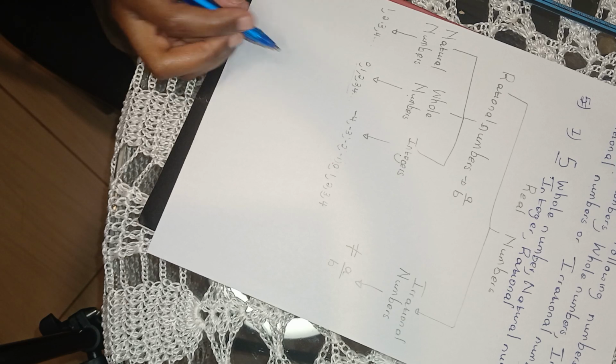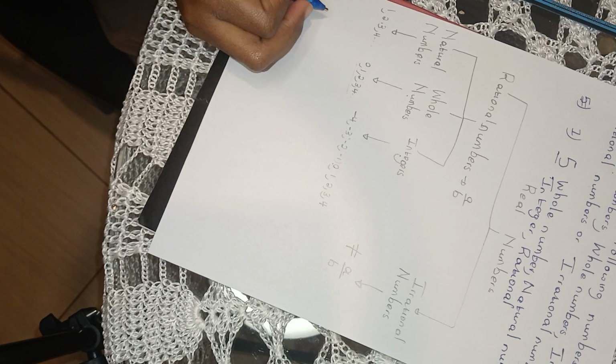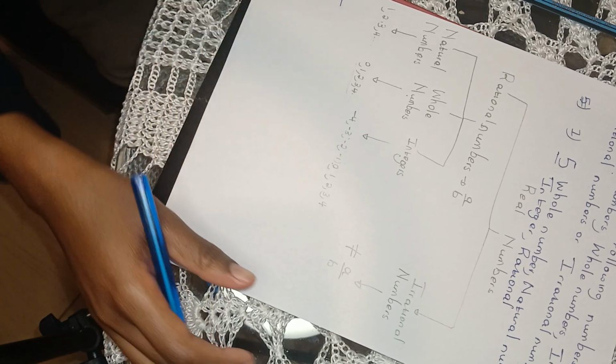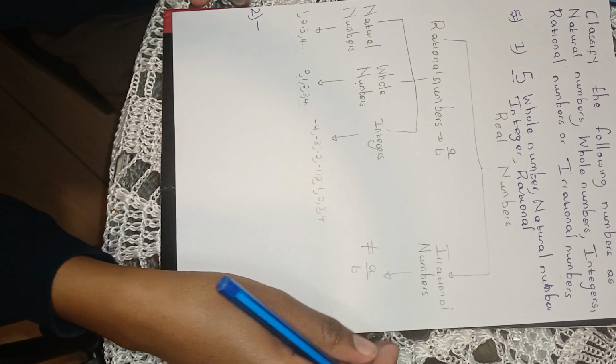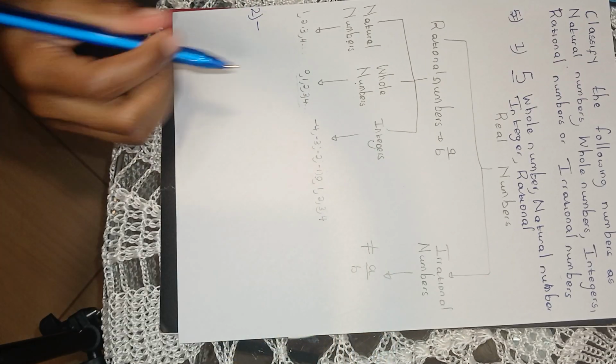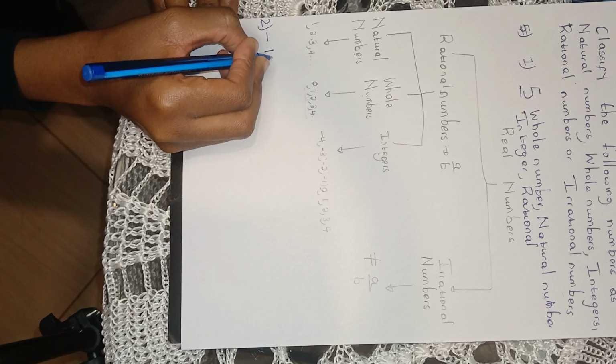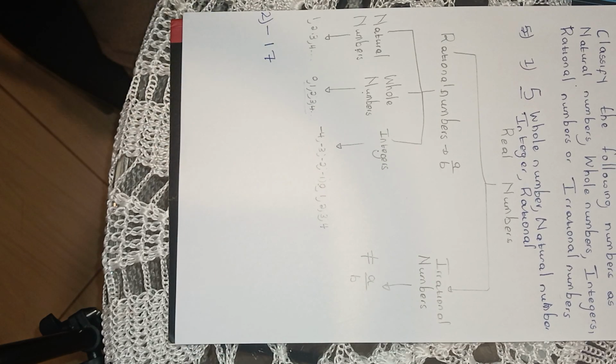And then the other example, this is our number 2. Number 2, we have negative 17. The question is, we should state whether negative 17 is a natural number, a whole number, an integer, a rational number, or an irrational number.